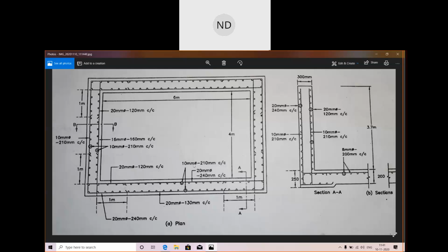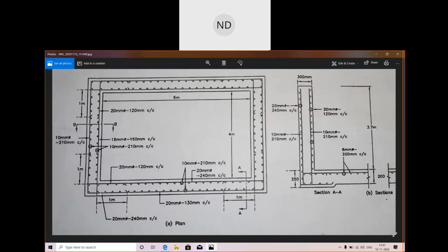So for the long wall, this is the longer wall, 6 meter. For the 6 meter longer wall, we have how much at the support? At this support, we have provided the area of steel to be 20 mm dia.